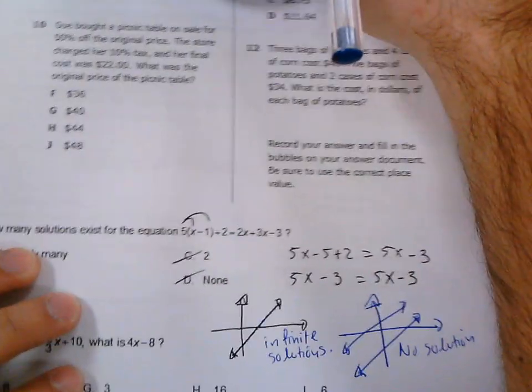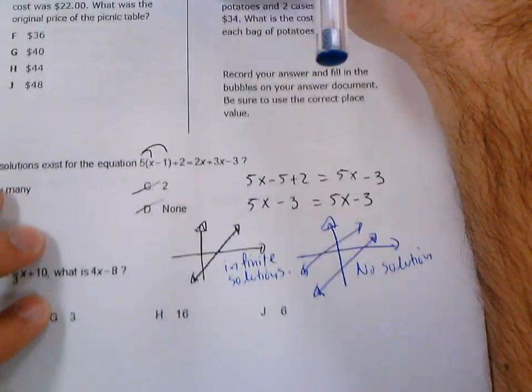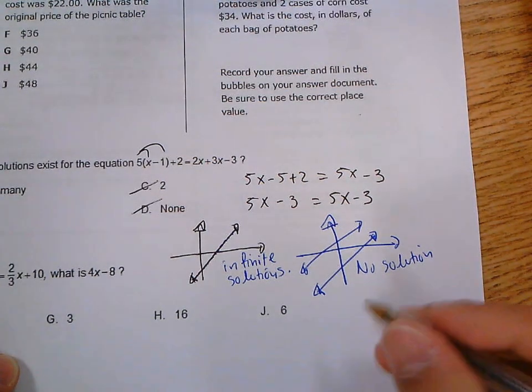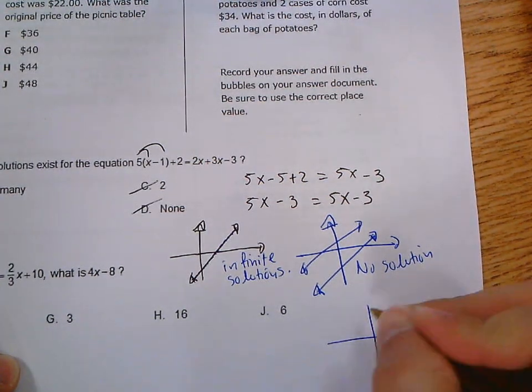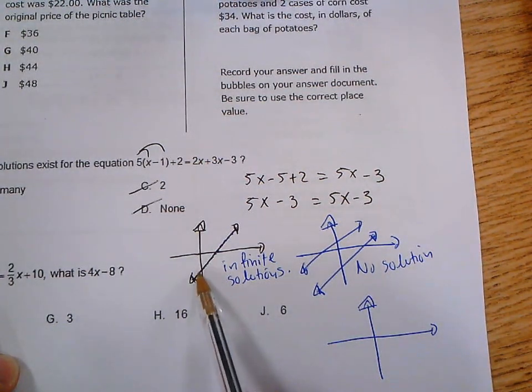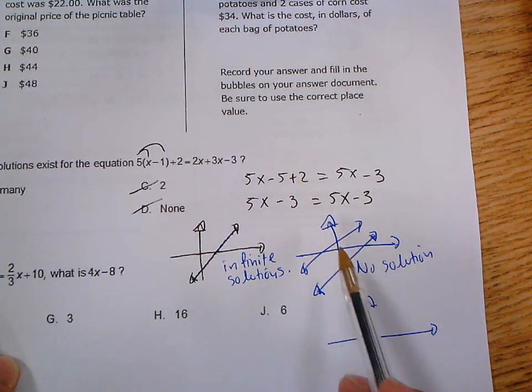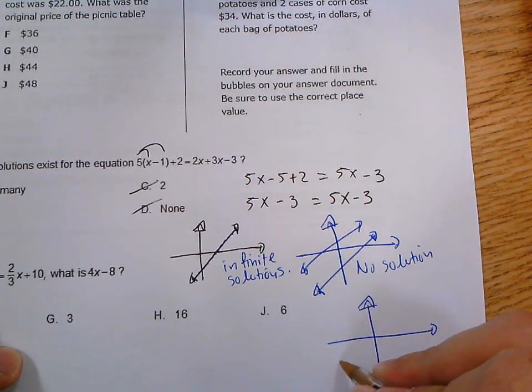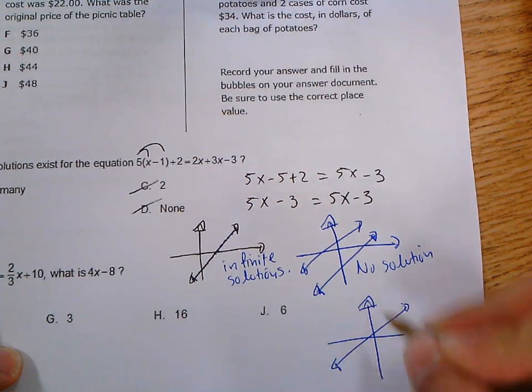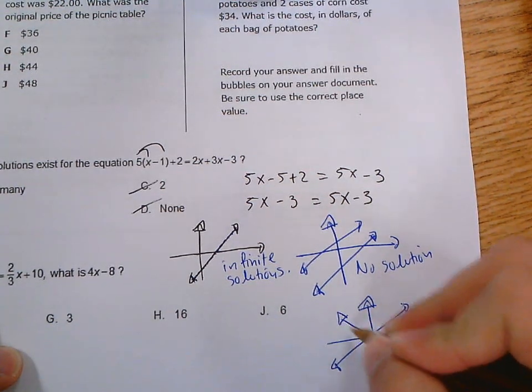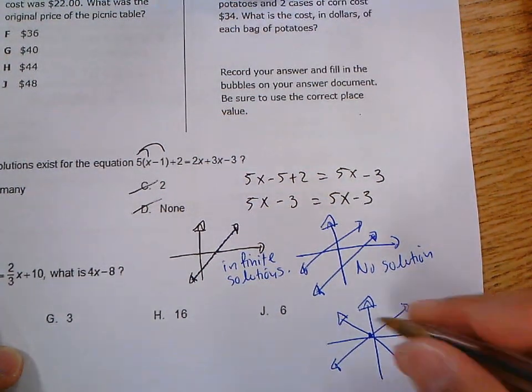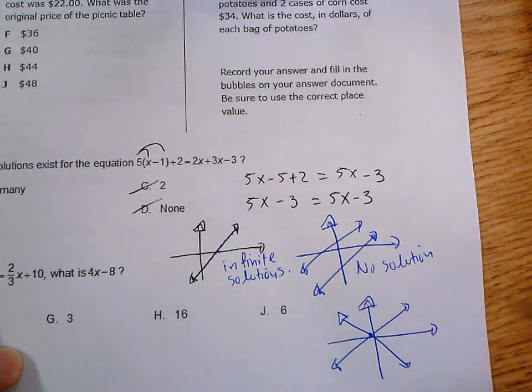And the last case that we can have is, well, they can intersect infinite times, they can never intersect, or they can only intersect once. If they intersect once, that means they have one solution, and then we need to figure out what the value of x is in this particular case.